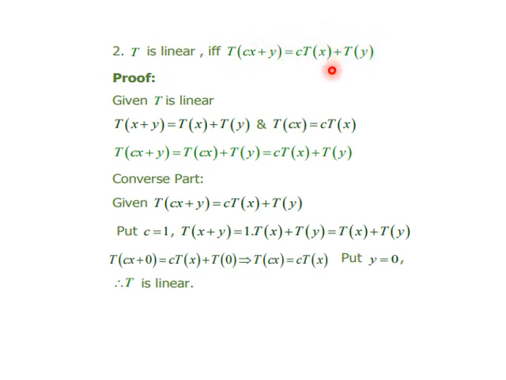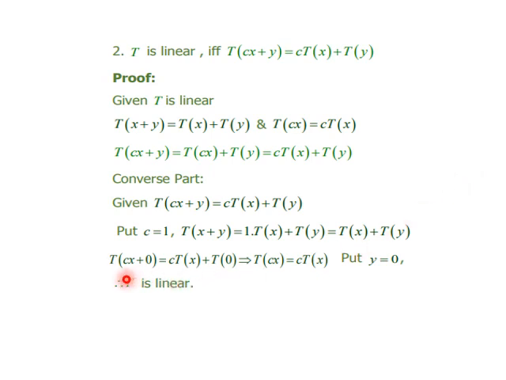Now we prove the converse part, the only if part. I will assume this and show that T is linear. So let me consider this. Now in this, put c equal to 1. So I get T(x + y). What is T(x + y)? It is 1 into Tx + Ty, or Tx + Ty. The first condition for a linear transformation is satisfied.